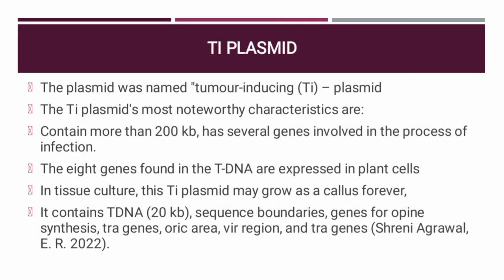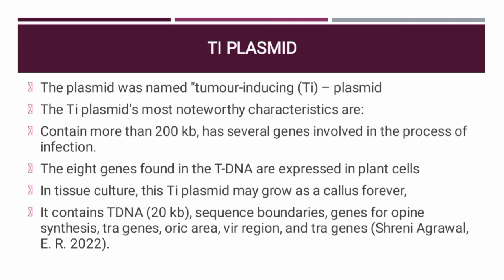Then comes Ti plasmid. The plasmid was named Ti plasmid, meaning tumor inducing plasmid, because it induced tumors in the host plants. The Agrobacterium tumefaciens bacterium carries the Ti plasmid. The most important characteristics of Ti plasmids are: this large plasmid contains 200 kilobase pairs and has several genes involved in the process of infection.